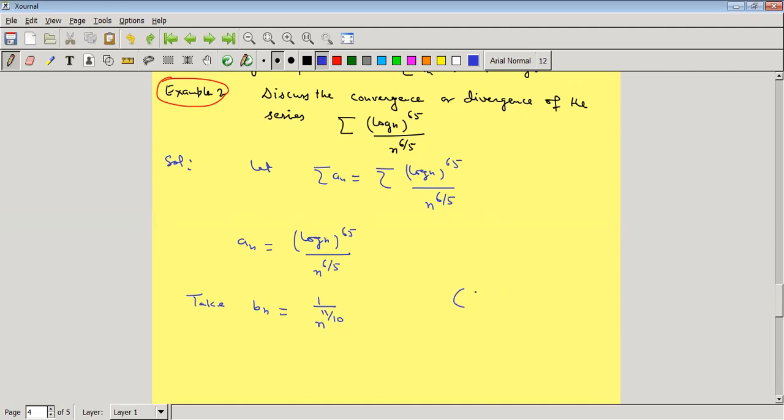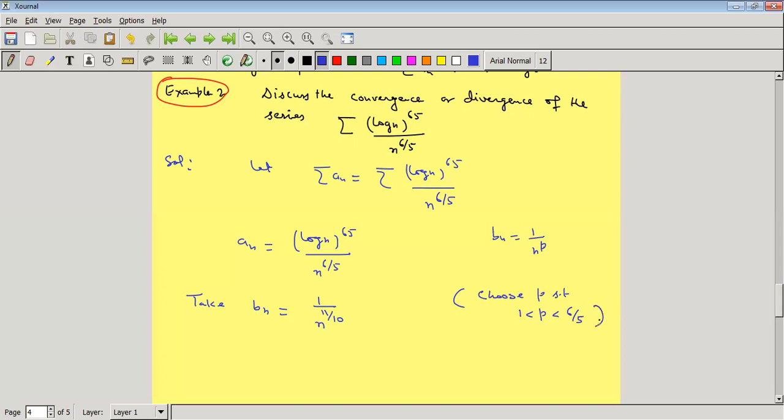So here for Bn equal to 1/n to the power p, we can choose p such that p is greater than 1 but less than 6/5.